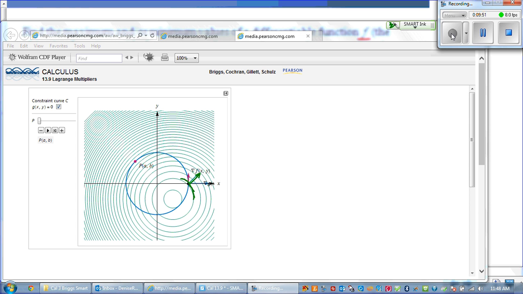The gradient for the constraint is going to be orthogonal to the tangent vector of the constraint. So here's the tangent vector on the constraint, and here would be the gradient. So notice the gradient of the G is not in the same direction as the gradient of the F. So look as this point travels around the constraint curve and find the places where those two gradients are actually pointing in the same direction. They're parallel to each other.